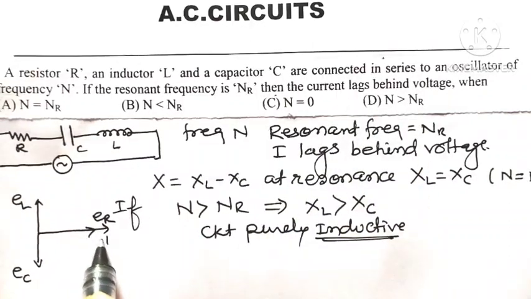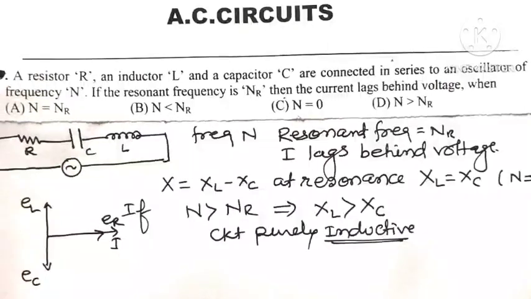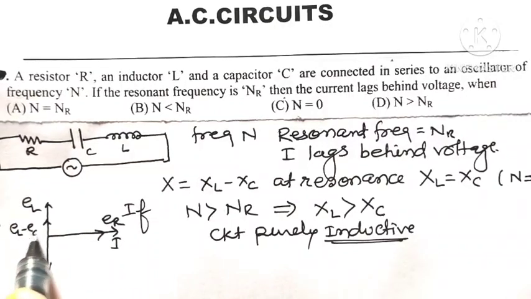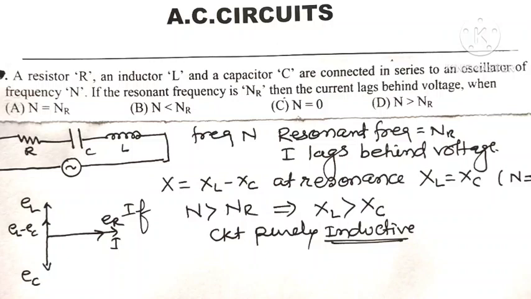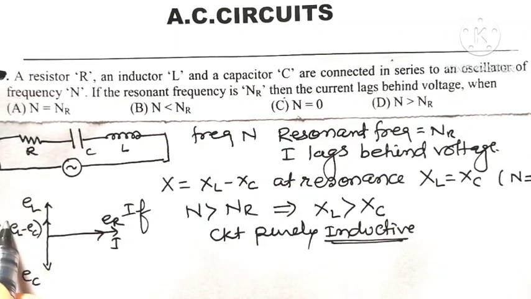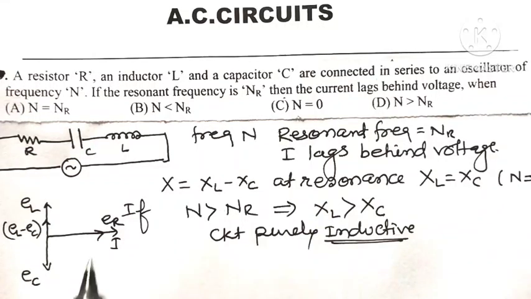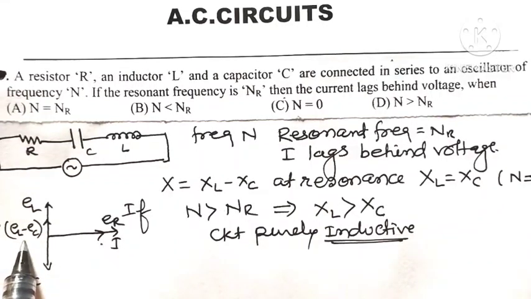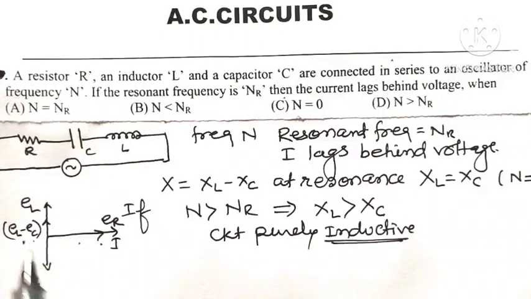Here the current I flows through the circuit, and when N is greater than N_R the circuit is inductive, so the resultant is EL minus EC, and current I lags behind the voltage.